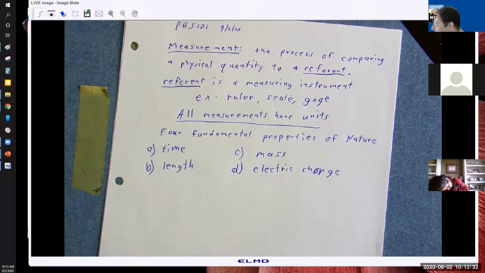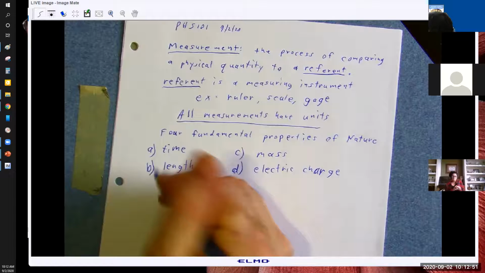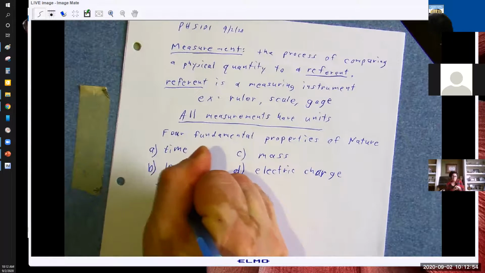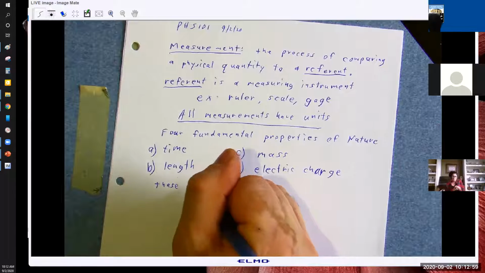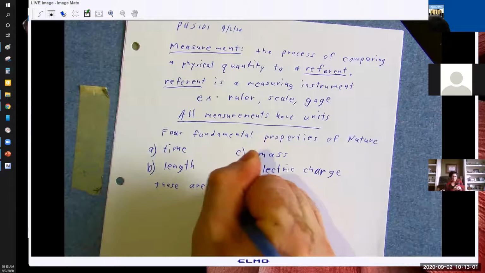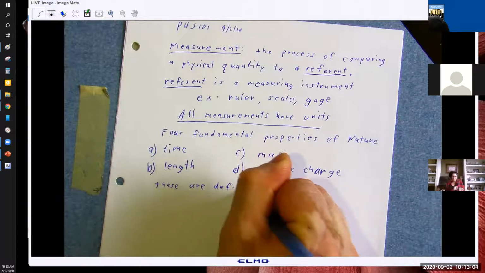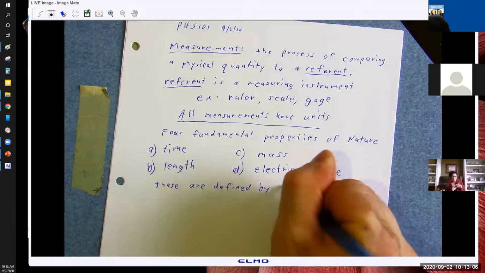Obviously the easiest ones I think are time and length, right? Those are obvious: seconds, minutes, hours. But for length and mass, we have a bunch of different systems. We have the English system, we have SI units, we even have some UK properties. So these fundamental properties are defined by how they're measured.